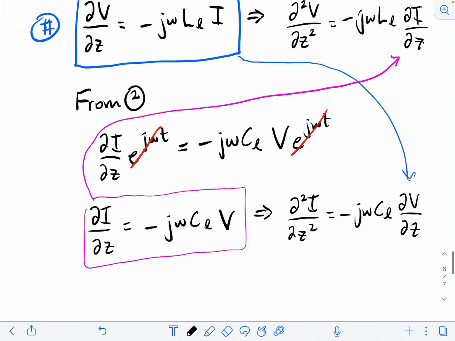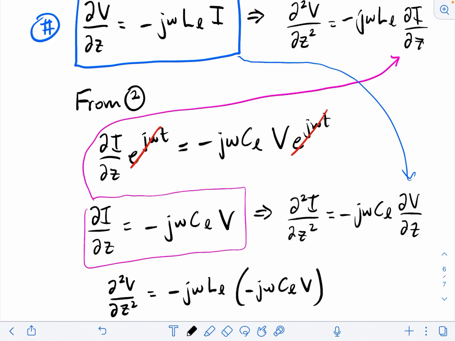So we'll start with the first equation. I'll try to draw it right here. So d2v dz2 is equal to minus j omega inductance per unit length. And then for di dz, we're going to use minus j omega capacitance per unit length times voltage.